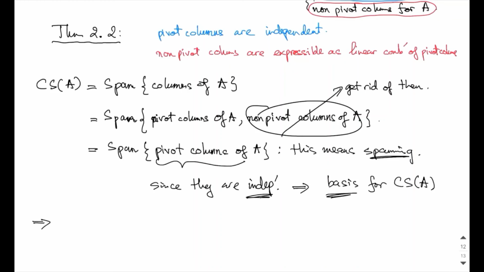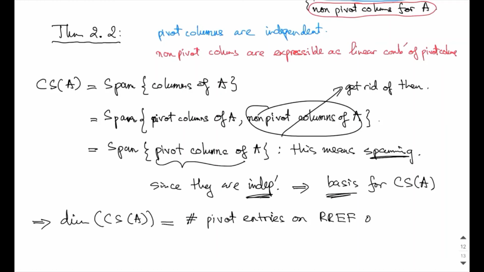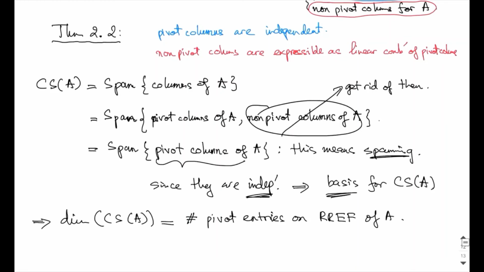That implies that the dimension of the column space of A turns out to be the number of pivot entries in the row reduced echelon form of A. Right? Because each pivot entry will identify one and only one pivot column, so they are in one-to-one correspondence.